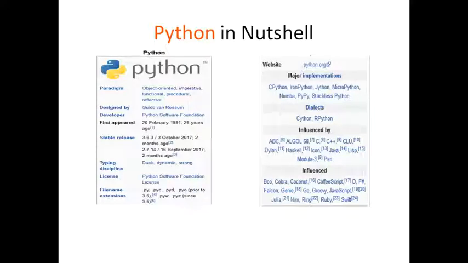These are the different languages that influenced Python. And certain languages have in turn been influenced by Python, like Boo, Cobra, Coconut, CoffeeScript, Falcon, Genie, Go, Groovy, JavaScript, Julia, Nim, as well as Ring, Ruby, and Swift. These are the different languages influenced by Python.